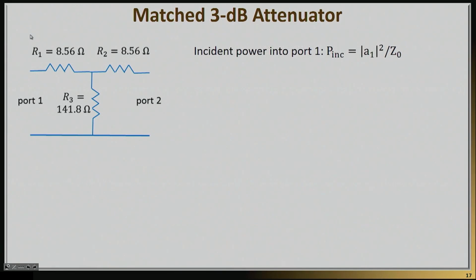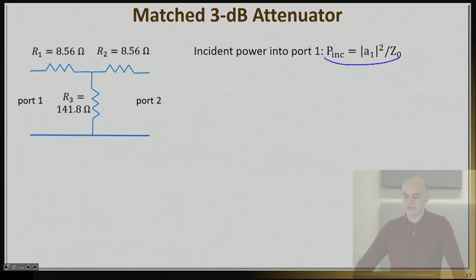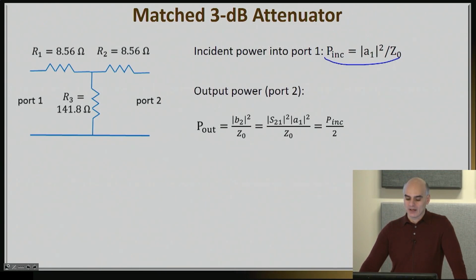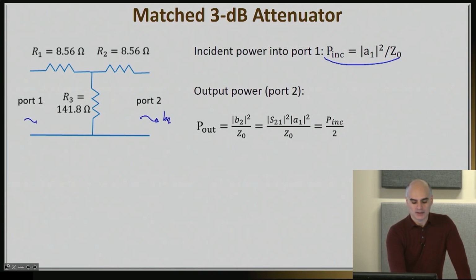So indeed, if I look into my incident power into port number 1, as I did from a definition point of view, the P incident will be equal to A1 squared divided by Z naught. And if I look at the output power in port number 2, P output will be equal to B2 squared divided by Z naught.